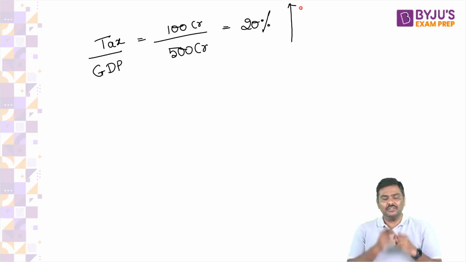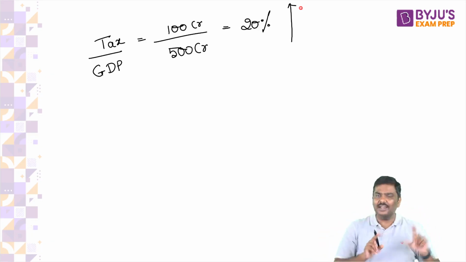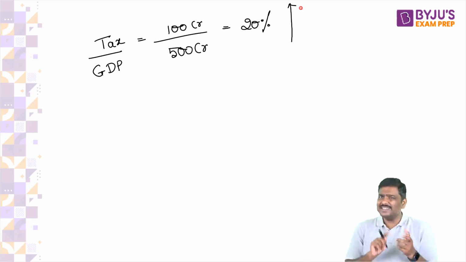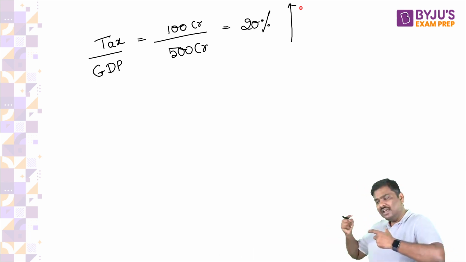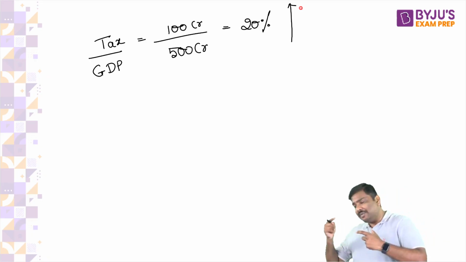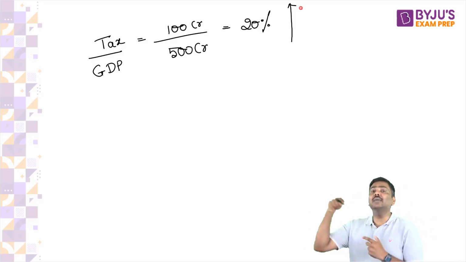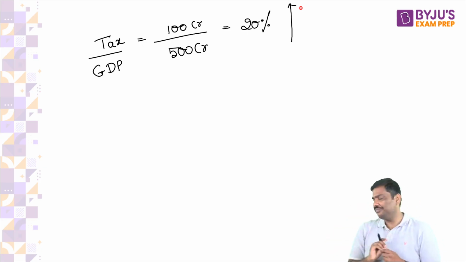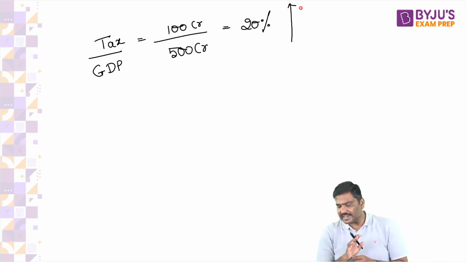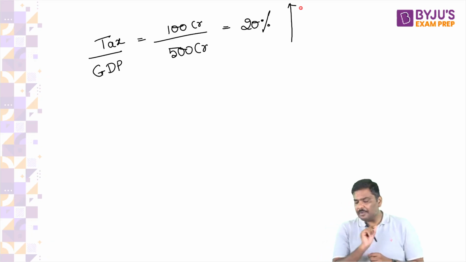Please understand, if the tax to GDP ratio keeps on increasing, can I say it simply means taxes collected by the government are increasing? And if the taxes collected by the government are increasing, don't you think the dependency of government on borrowings automatically will start going down? Anybody has a problem with the second point?